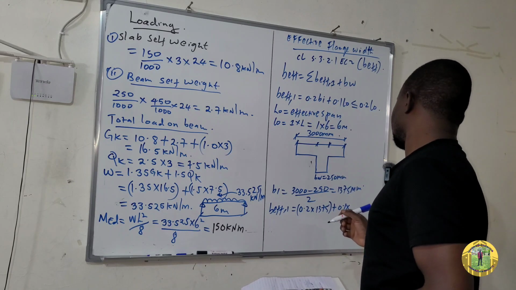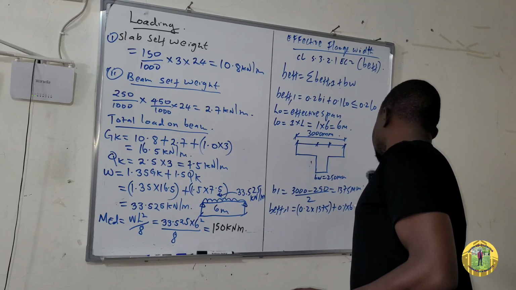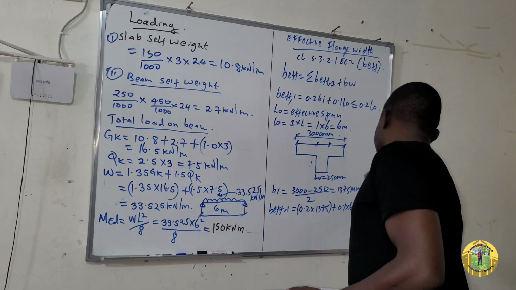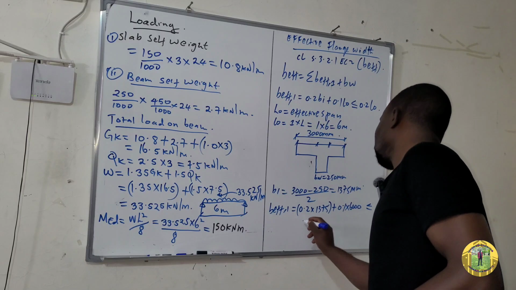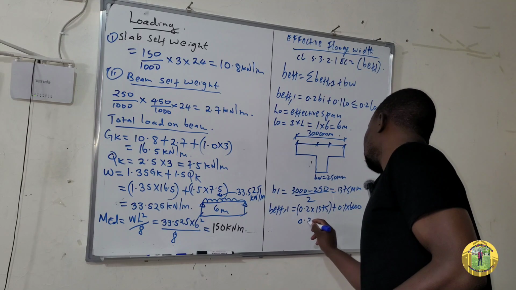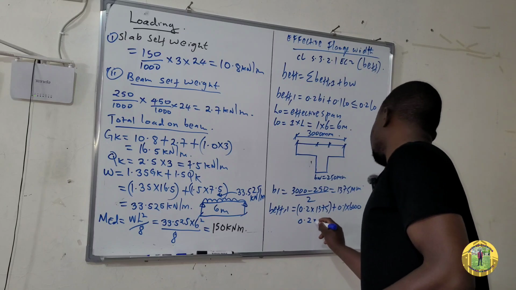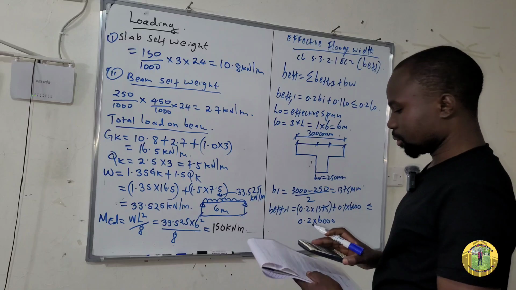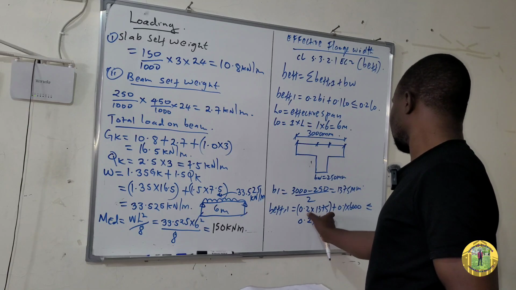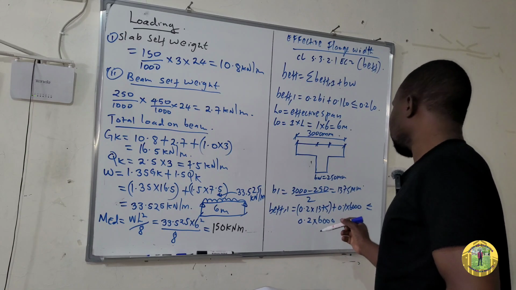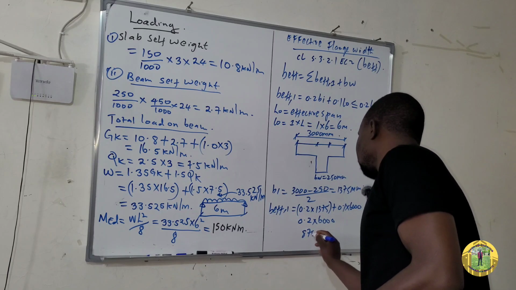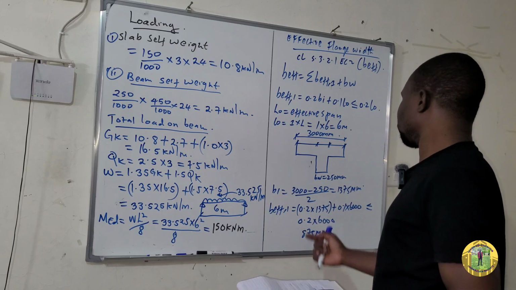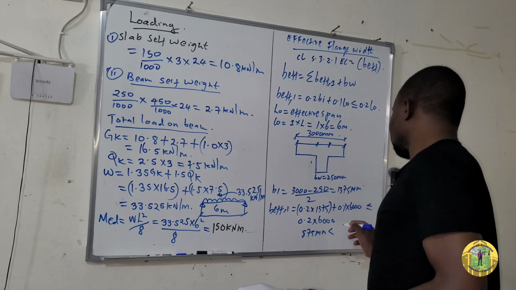L naught is 6, which is 6,000 millimeters, and it must be less or equal to 0.2 times 6,000. So this one and this will give you 875 millimeters, which is less than 0.2 times 6,000, you'll get 1,200.